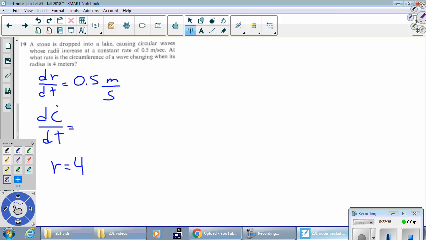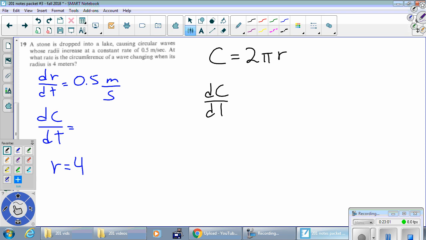So this tells me I need a relationship between the circumference of a circle and its radius. This is not an equation I would give you. I'm hoping you can pull that one out of a hat. The circumference is given by 2 times pi times r. And we're good to go to take a derivative of both sides with respect to time. Again, almost always time for related rates problems. The derivative of C is 1 dC/dt.